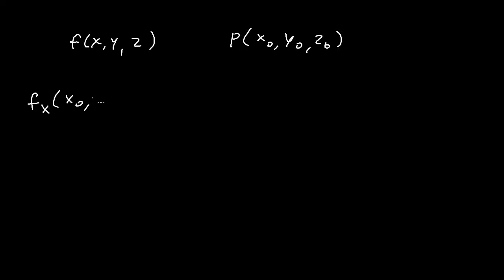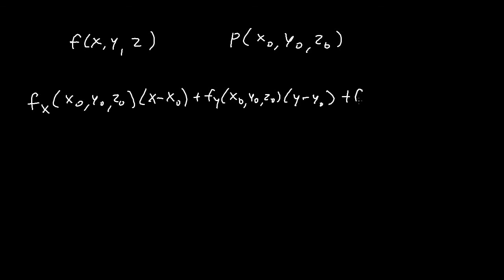So given a multivariable function that has 3 variables, x, y, and z, and a point which has the coordinates x0, y0, and z0, the formula for the tangent plane to the given surface at the specified point is going to be f sub x evaluated at x0, y0, and z0 times x minus x0 plus f sub y evaluated at x0, y0, and z0 times y minus y0, and then plus f sub z evaluated at x0, y0, and z0 times z minus z0 equals 0.